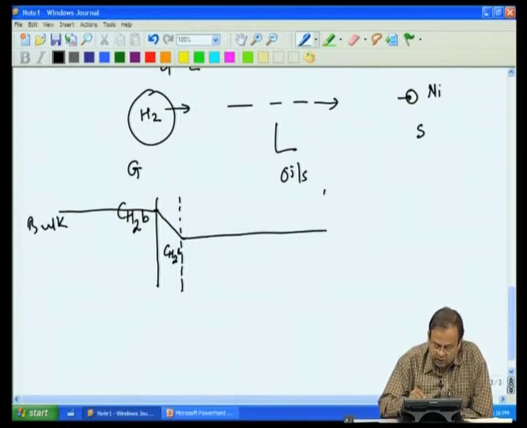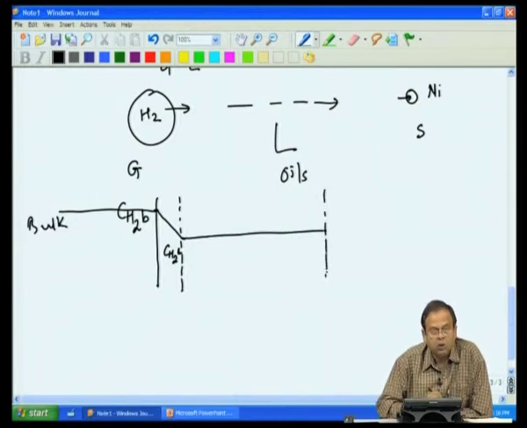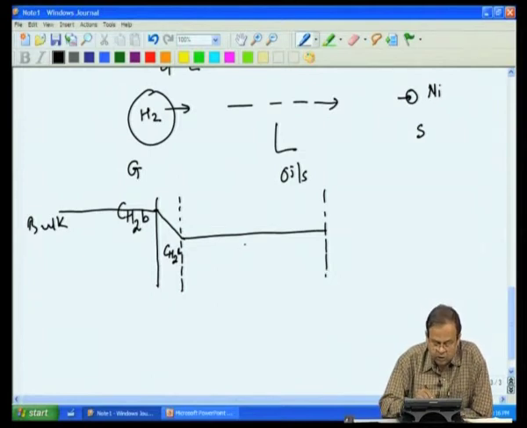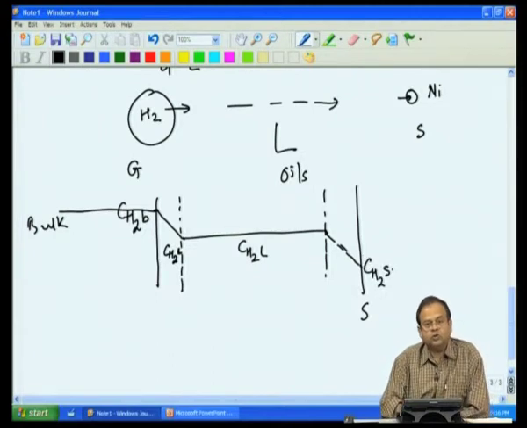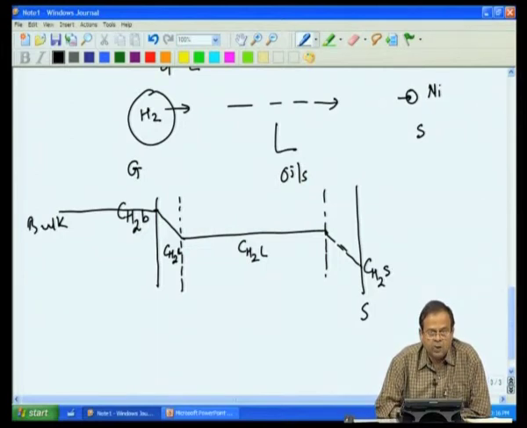In the bulk liquid, the resistance is negligible. So, we say that the concentration is the same as C2L, and then once again this is my solid interface, and again there is mass transfer resistance, and this concentration is the concentration of hydrogen on the solid surface.